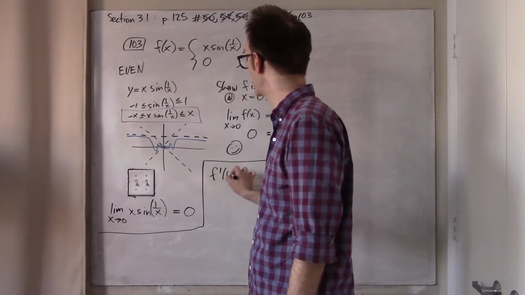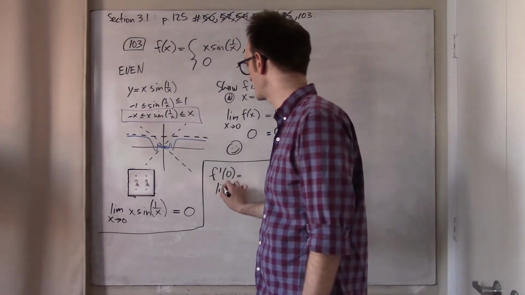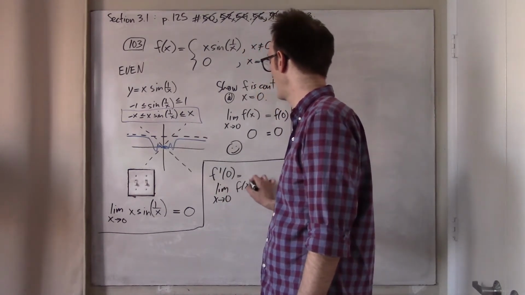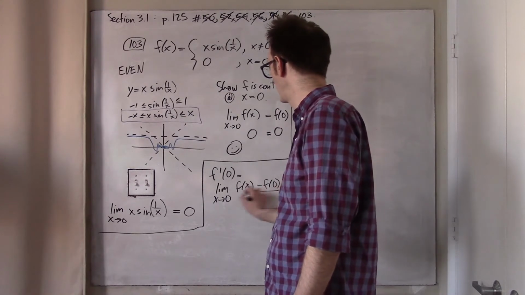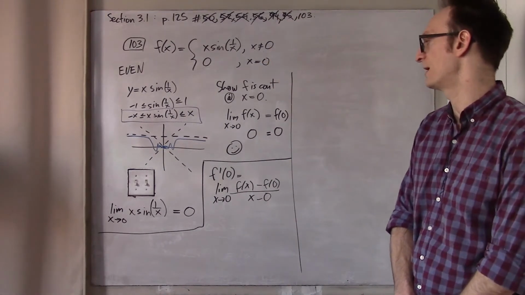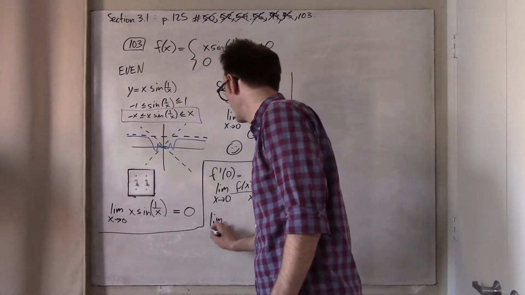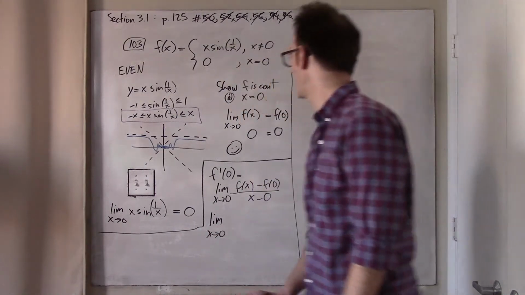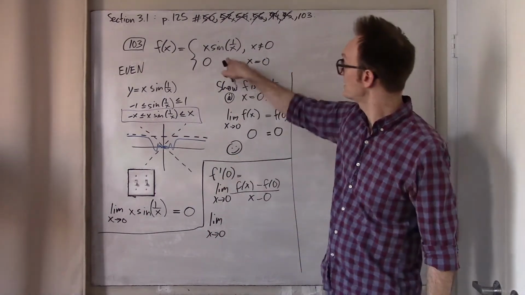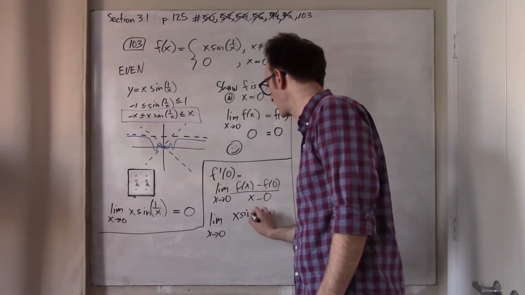Well, what is the derivative at 0? It is, by definition, the limit as x goes to 0 of f of x minus f of 0 over x minus 0. That's just the definition of the derivative at a point. So that becomes the limit as x goes to 0 of, what is f of x? For x not equal to 0, it's just x sine 1 over x.